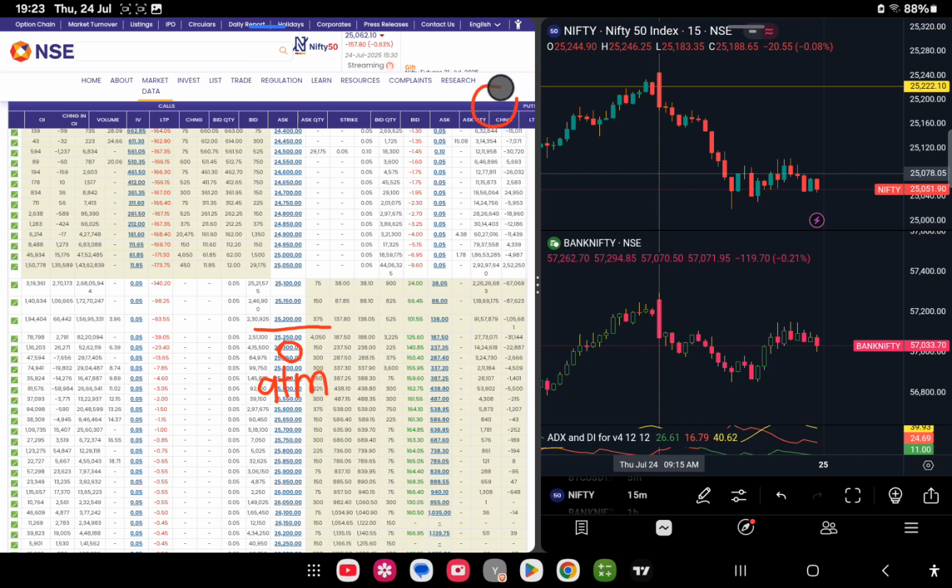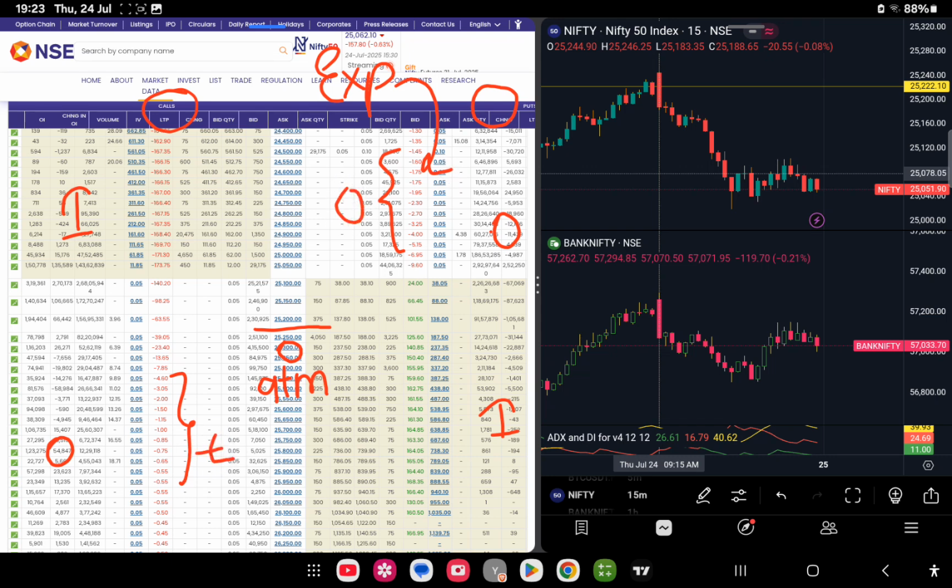This side is the put, this side is the call. The shaded zone is ITM and the white zone is the OTM. You could see today is expiry, so all the OTM becomes 0. So it's a positive decay, and then here it has the maximum negative decay.